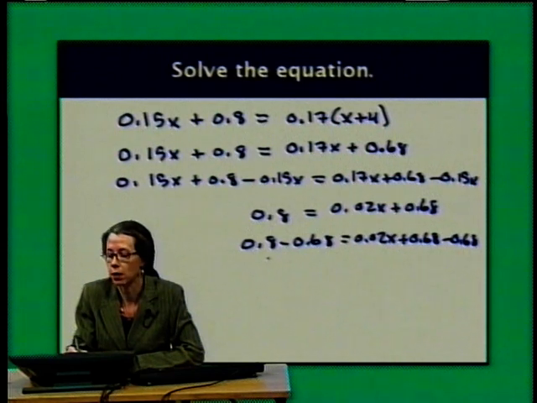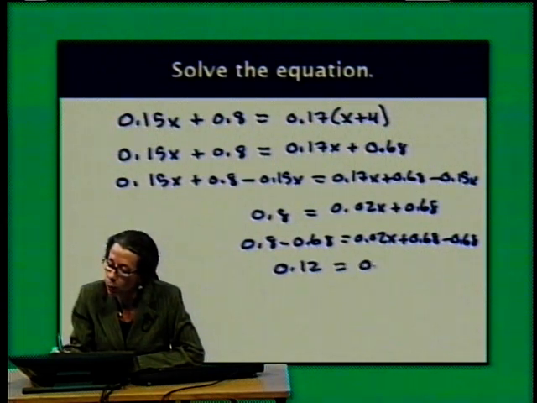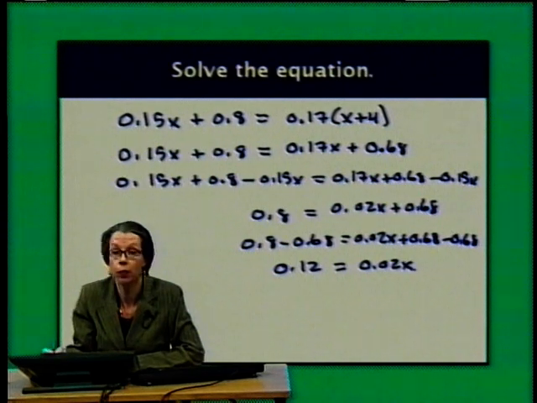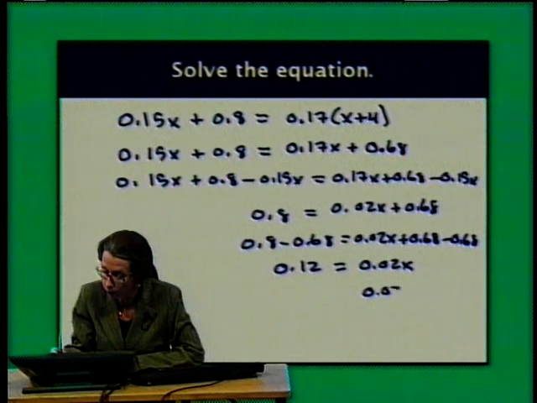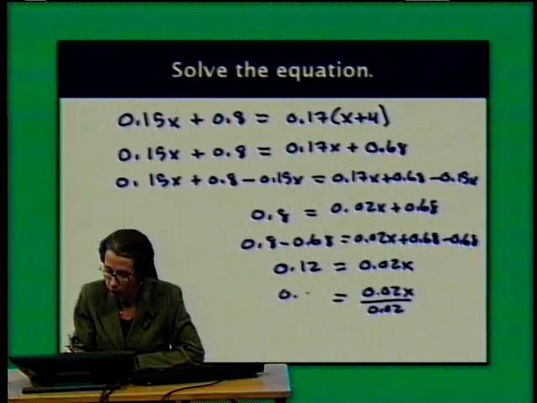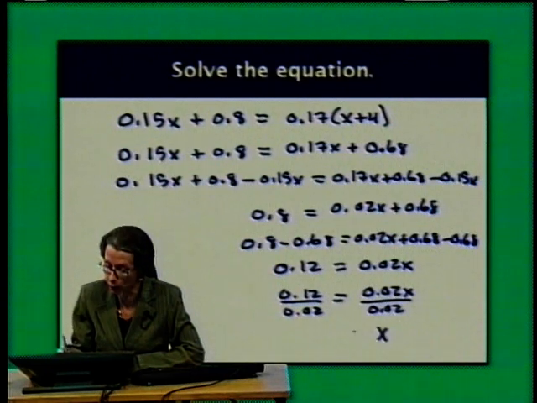I have, let's see, 80 minus 68, that's 12. So that's 0.12 equals 0.02x. Dividing both sides of my equation by 0.02. Let's see, 2 goes into 12 6 times, so 0.02 goes into 0.12 6 times as well.